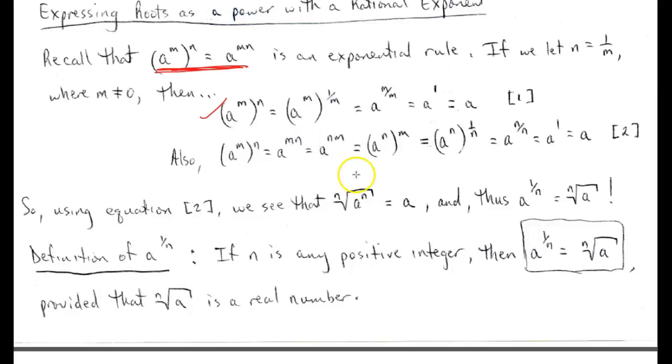But basically all this shows is that whenever we talk about taking the nth root of a number, we can rewrite that as a raised to the 1 divided by n. Okay, and so we know that if n is any positive integer, in other words, our index is a positive integer, then we can write this provided that the nth root of a is actually a real number. Okay.